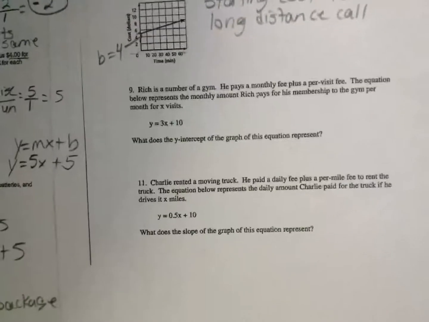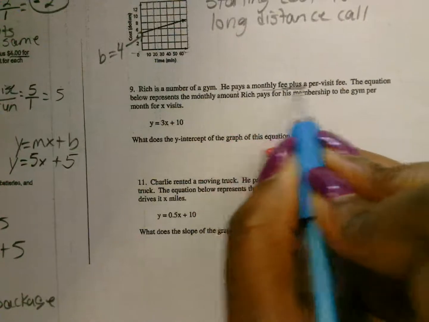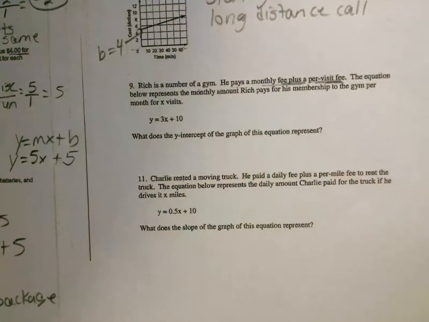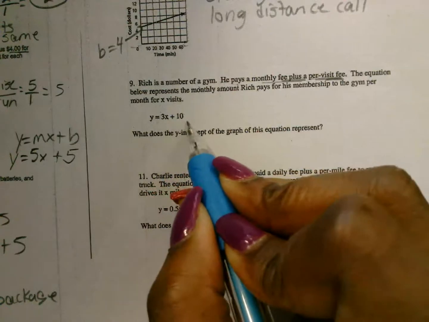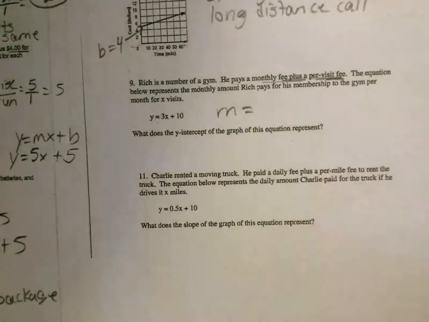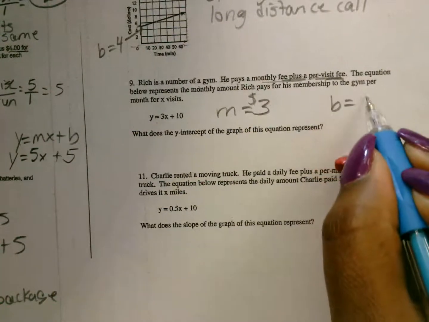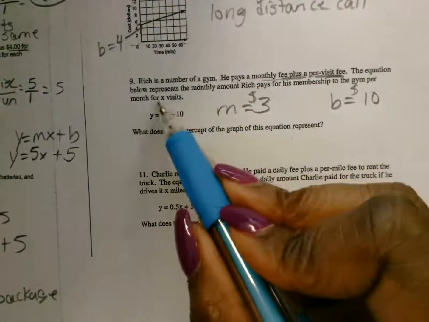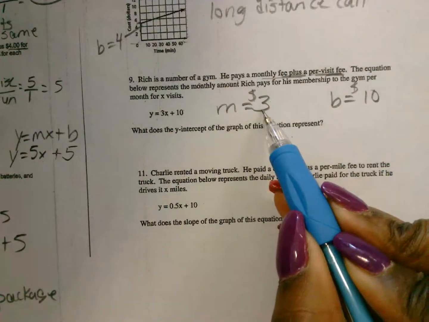All right, next is the gym. Okay, it says he pays a monthly fee per visit. The equation is below. We got y is equal to 3x plus 10. The M here, or the rate, is $3. The starting cost or starting amount is $10. So we can infer that since X represents the number of visits per month, it's $3 per visit.